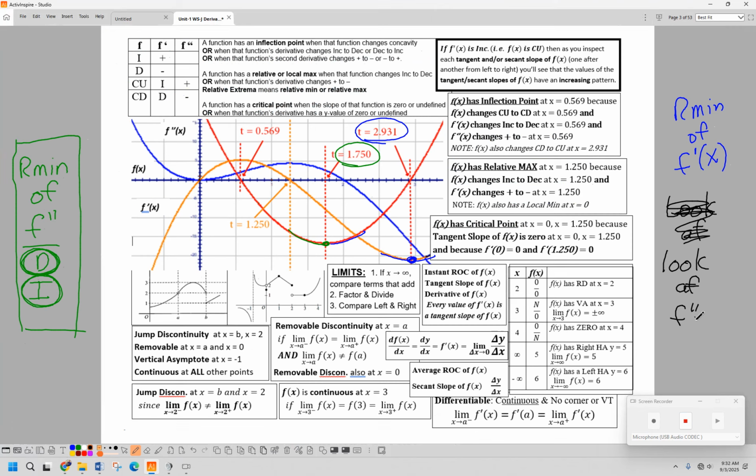And the way you do that is you say, okay, I'm looking for the relative min on f prime, which means I need a decrease to increase change. That's going to be on f double prime a negative to positive change.